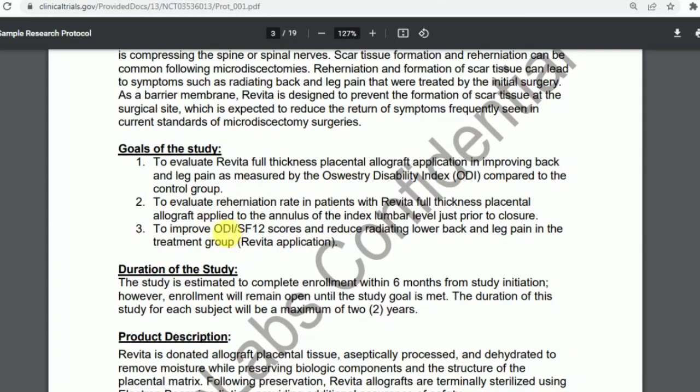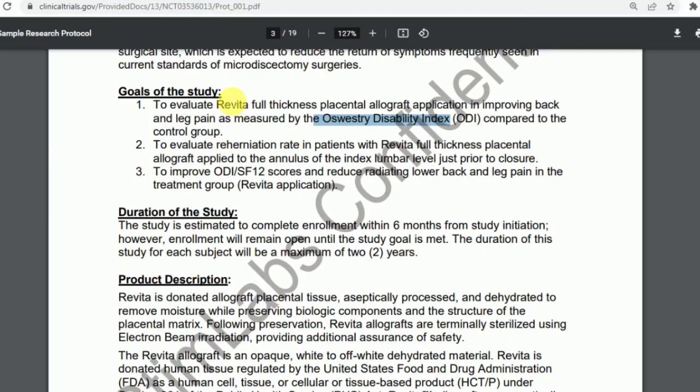To improve ODI means, measured using this ODI technique, to check that the pain is decreasing and the subjects are benefiting from taking this drug. So this is the main goal of the study.